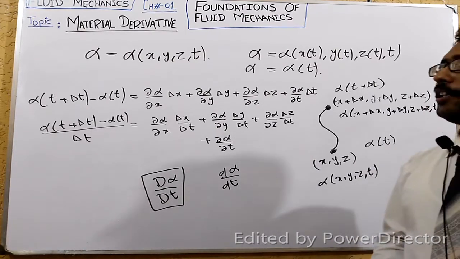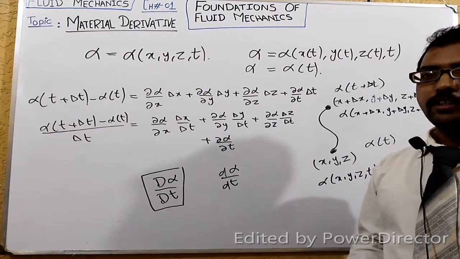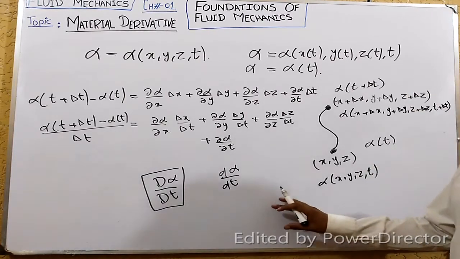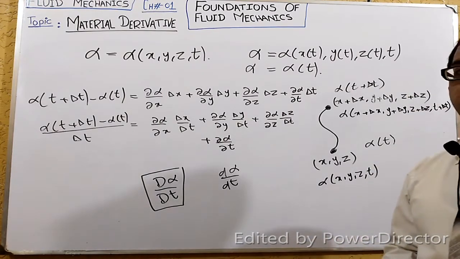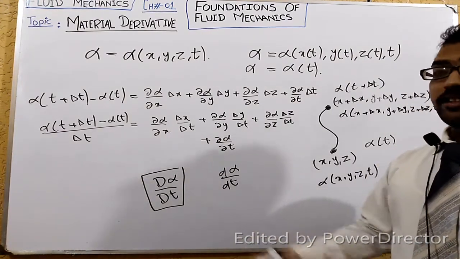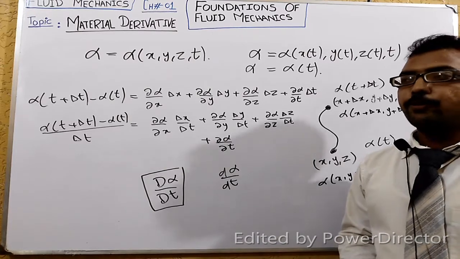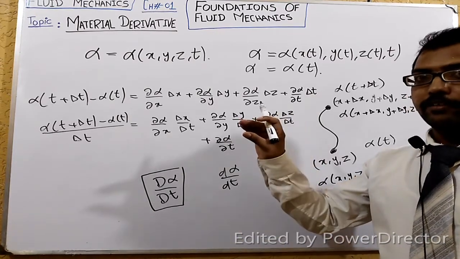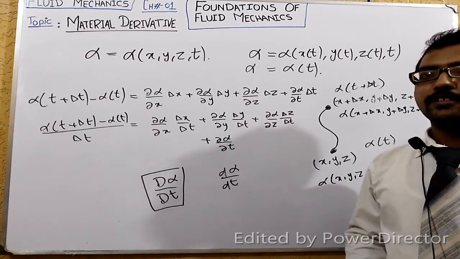The reason to call it the material derivative or the substantial derivative is because the Lagrangian coordinate system is also called the material or the substantial description, because we have to follow the motion of a piece of the matter, okay, that is the fluid element.